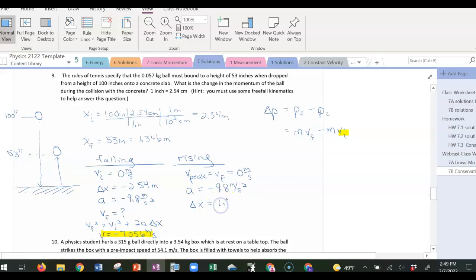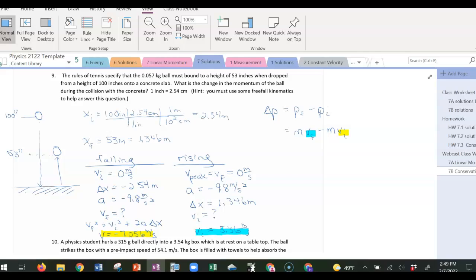Because it's rising up, 1.346 meters. And now what I'd really like to know is what was that initial velocity. And so here, I could actually use the same kinematic equation, Vf squared equals Vi squared plus 2a delta x, and I'm going to get that that initial velocity is 5.36 meters per second. Okay, so this number is what I'm looking for as my final velocity.